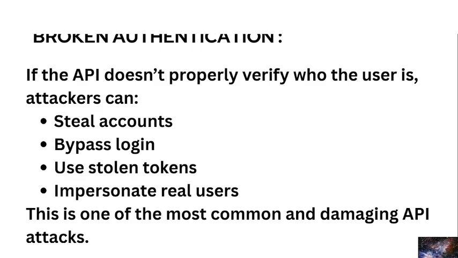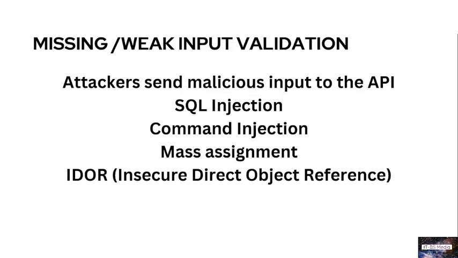For example, in the URL, you have maybe ID 2 for your account, and you change it to ID 3, and you're able to access the page of another user without putting in that user's username and password. That is an obvious demonstration of broken authentication.